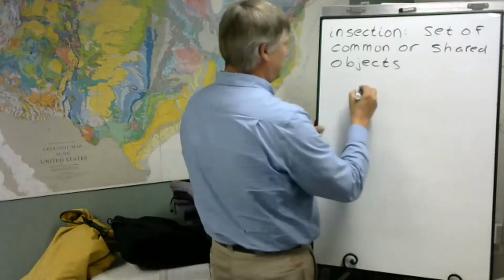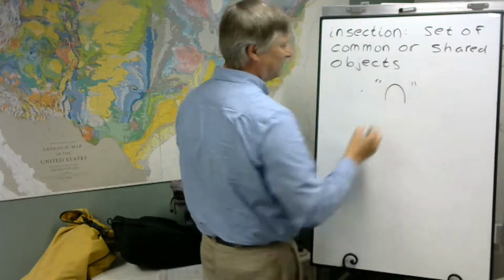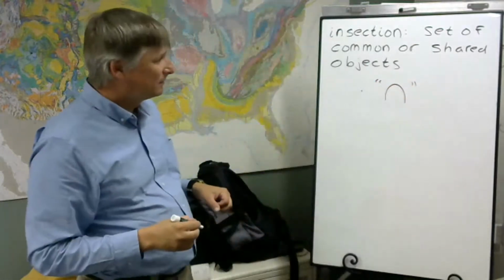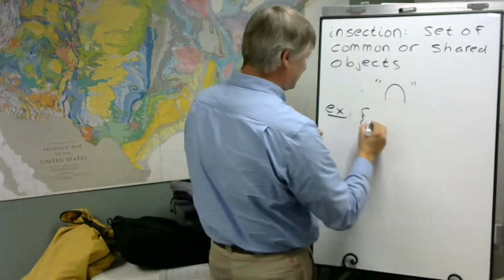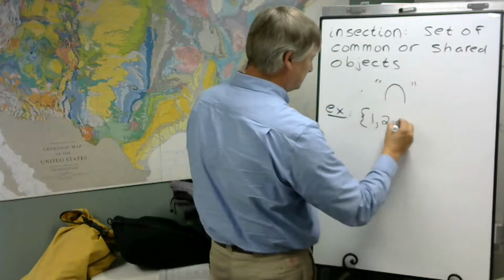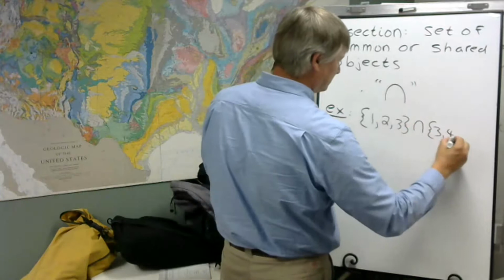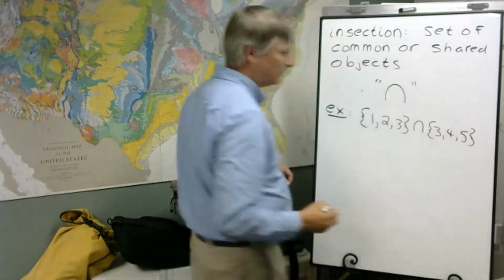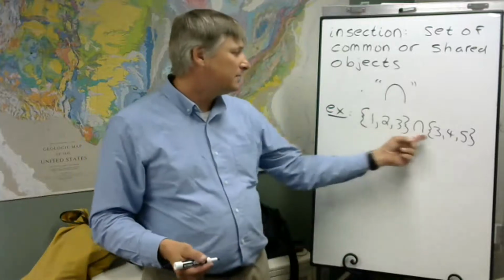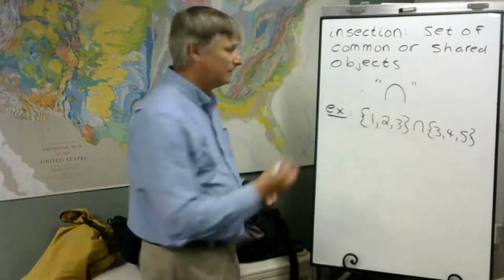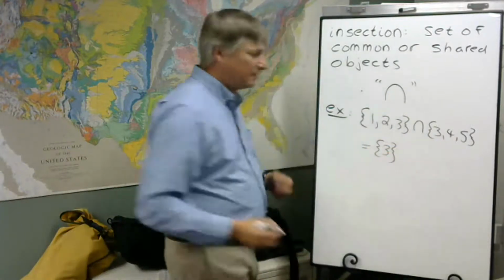So for example, and so let me give you what this looks like. It looks like a cup flipped over. That's intersection. So for example, let's go back to this one. Well, what elements are common between these two sets? Well, it's only the number 3 that appears in both sets. So in this case, the intersection just contains that common element.